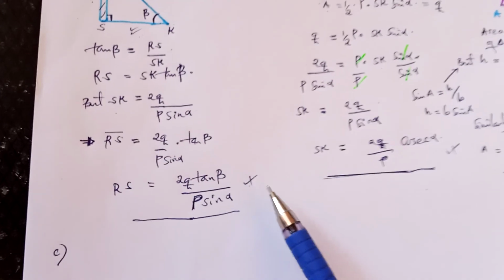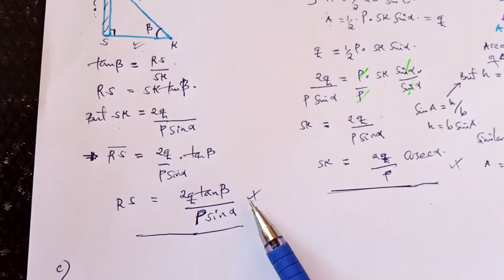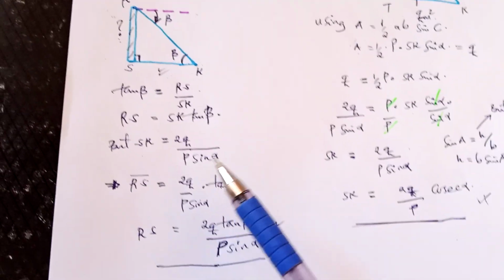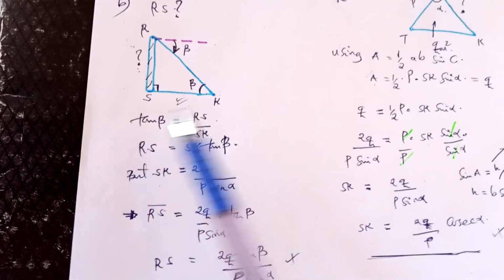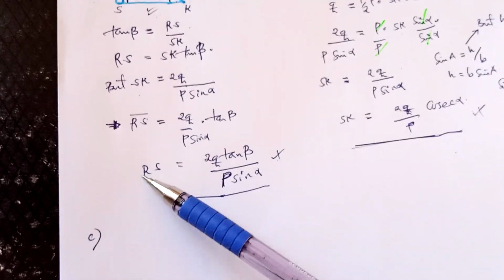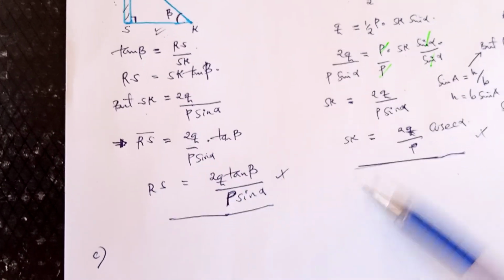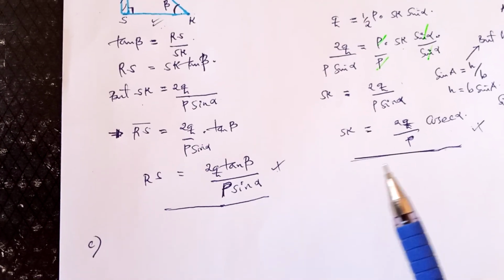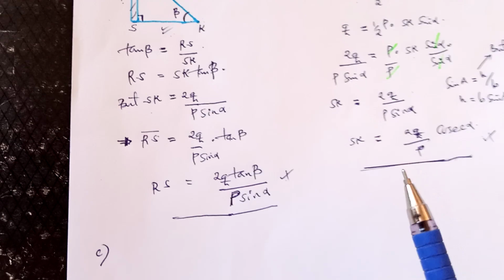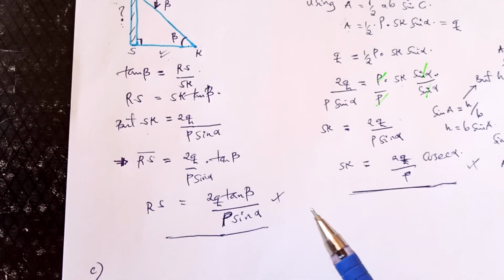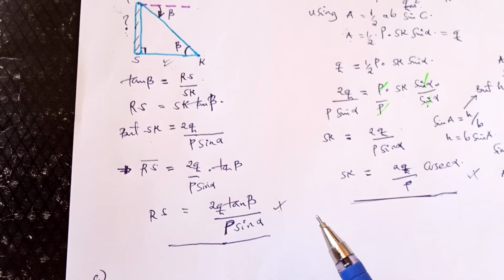I know some guys somehow stumble, they try to be smart, and somehow they fail to come up with something. They just come up with RS is equal to this, hence proved, and they think that we are happy. No, we are not. We shall find out and we shall arrest you.